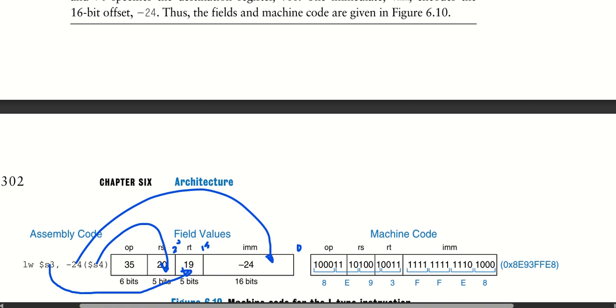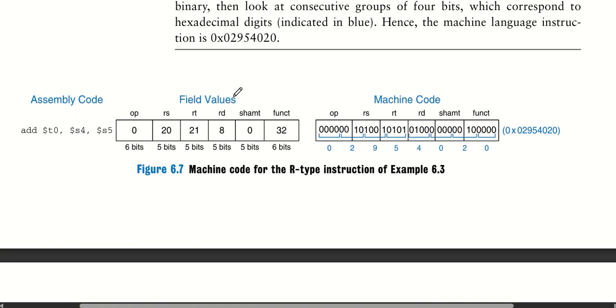But R type was using a different range. Let me see if I can find the R type. You realize that R type was using 15 to 11, because here's 6 bits, 0 to 5, then 6 to 11, then 15 to 11 here.